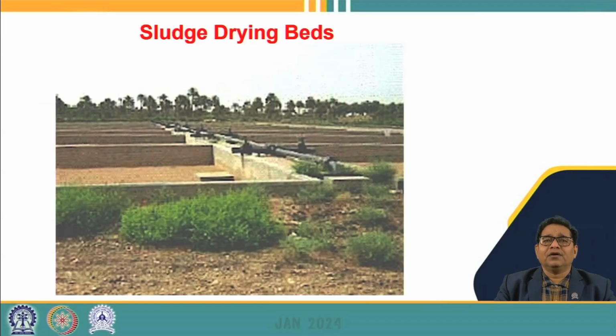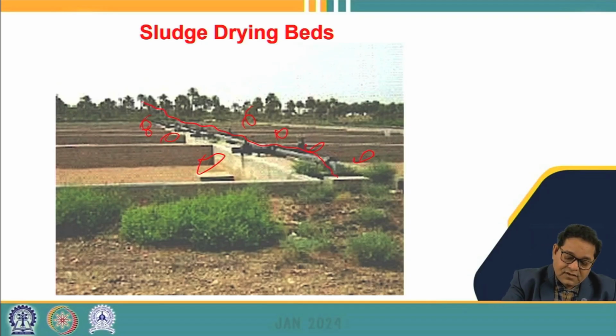Before we go into more detail, let's have a look at a picture. These are a number of rectangular beds, provided on both sides here and there. These sludge drying beds are mostly rectangular in shape. Here we can see a number of rectangular plots, and this is the longitudinal pipe which consists of a number of transverse pipes.